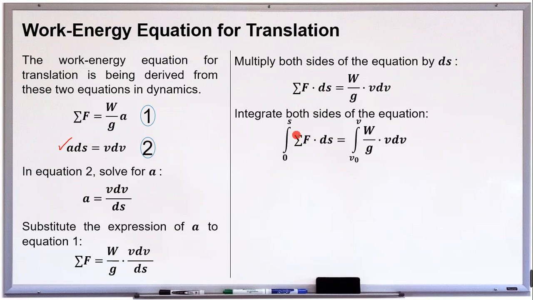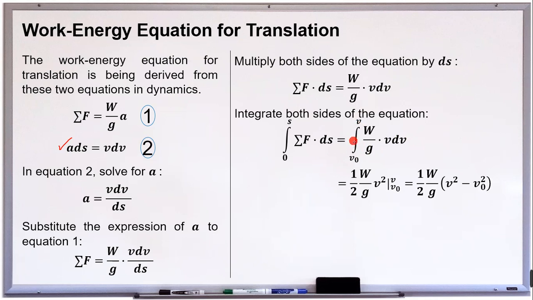So we have the integral of the summation of forces multiplied by the displacement, evaluated from 0 to the final displacement s, is equal to the integral of mass times the velocity multiplied by the differential velocity, evaluated from the initial velocity v naught to the final velocity v.